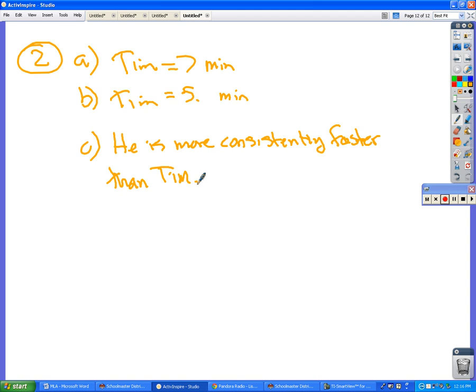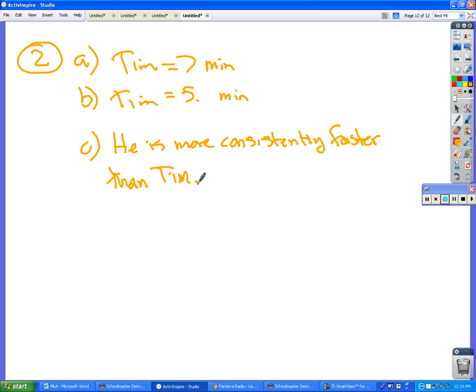So do you see how Jamal's box has moved farther to the right than Tim's? And that's where most of the times will occur inside that box in a box and whisker plot. And so most of Jamal's times are higher than Tim's. Oh, we want a lower time though for him to be faster, huh?